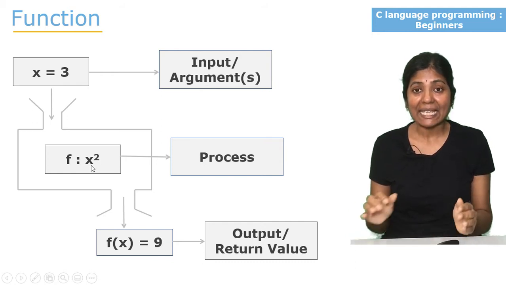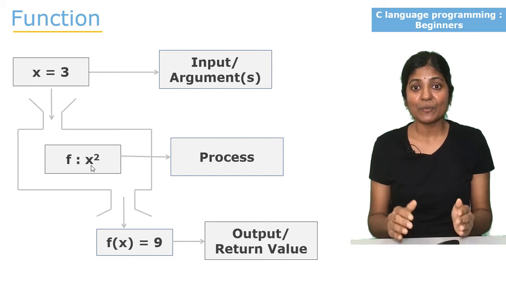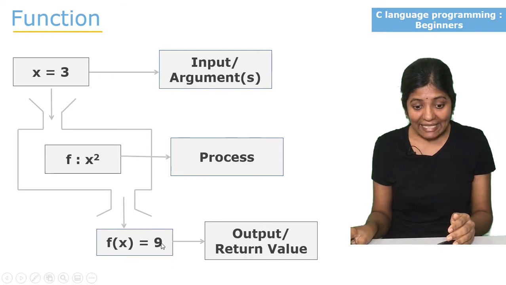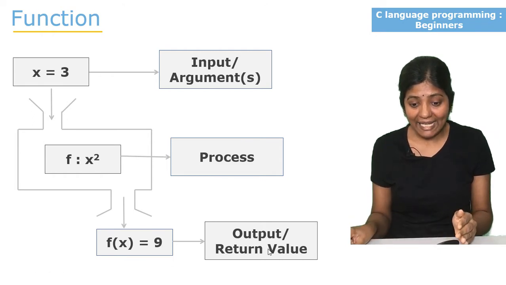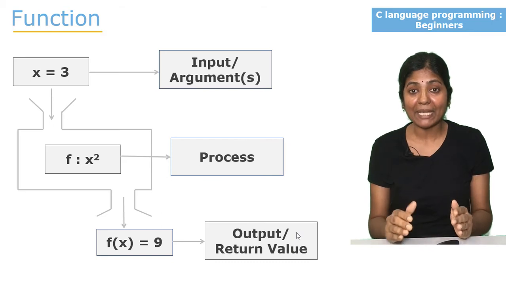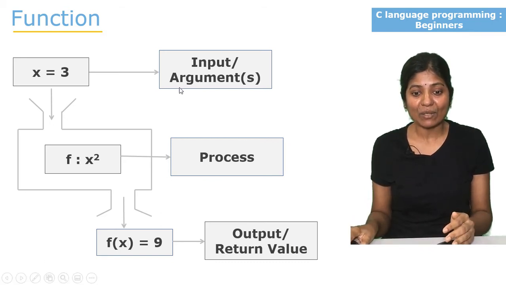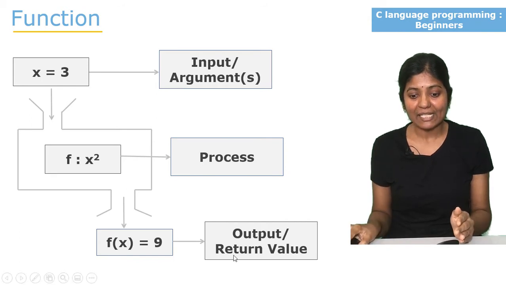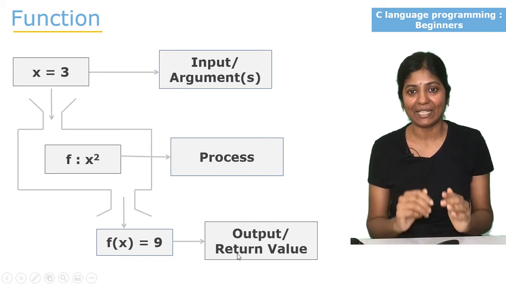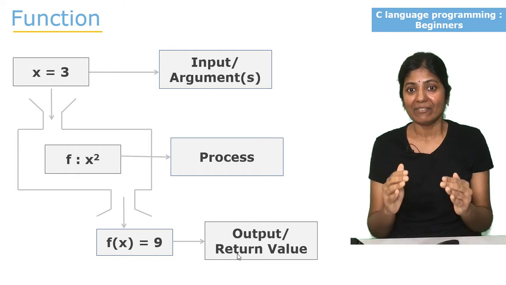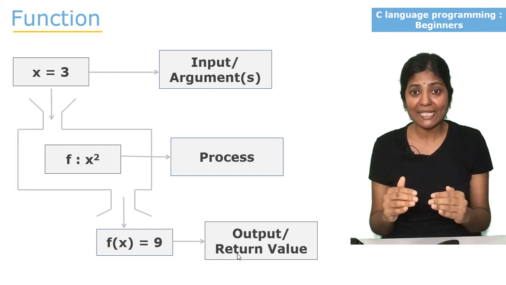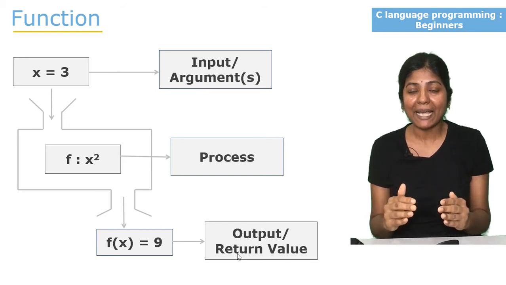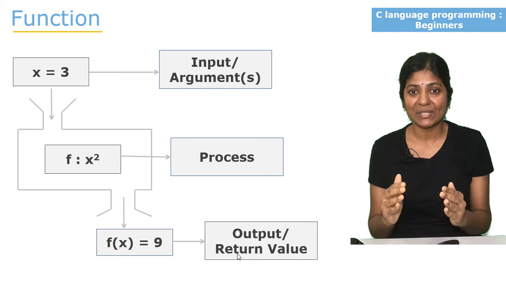X square is called the process, which means the calculation which we are doing, and 9 is the result. We can call it the output. In programming, input is also called arguments and output is also called the return value. So, a function will have input, process and output. The same concept will be applied to C functions also.